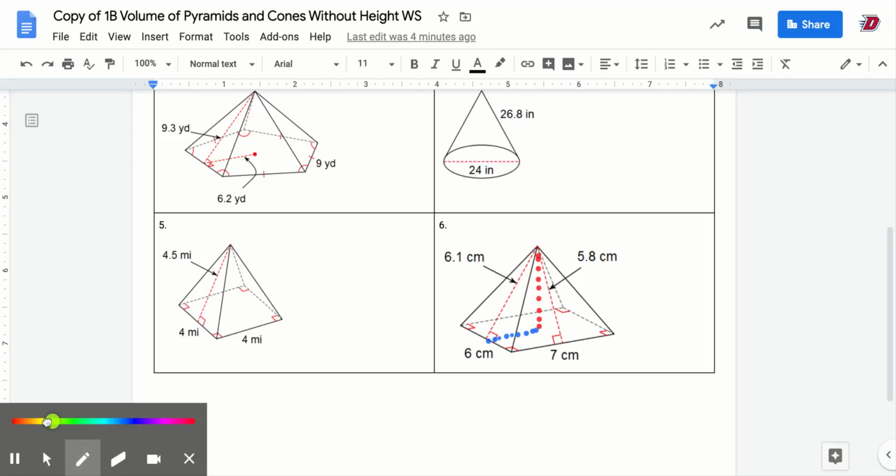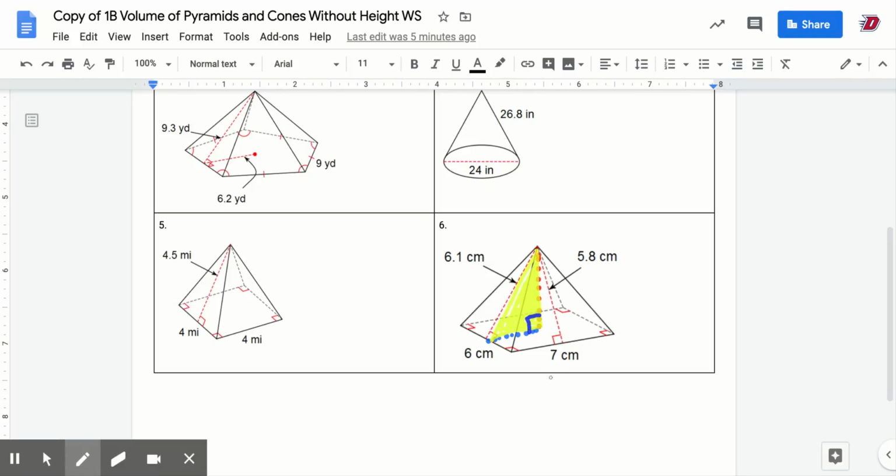And so here is the triangle that I'm trying to solve. It's this right triangle right here, that's sort of inside of the pyramid. And so this would be a right angle right there.